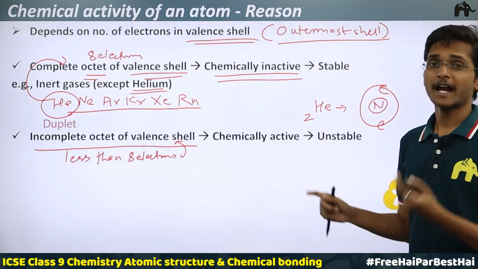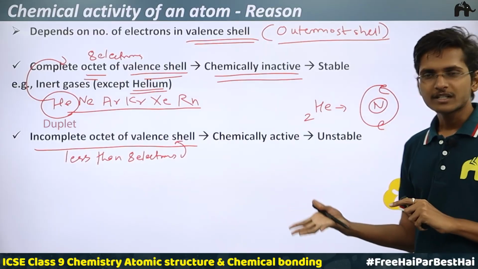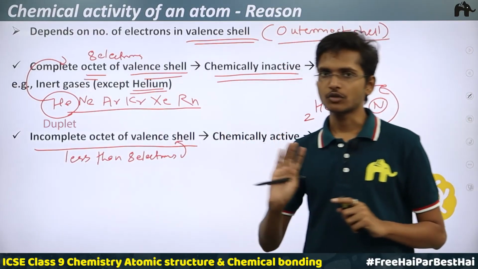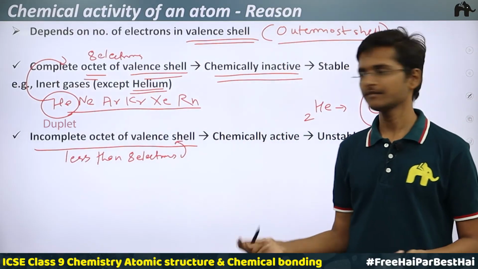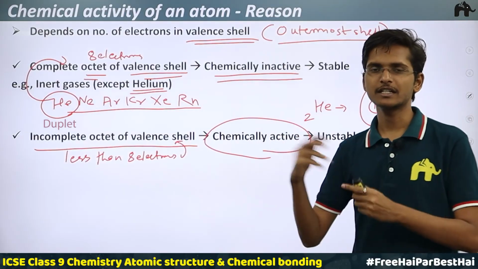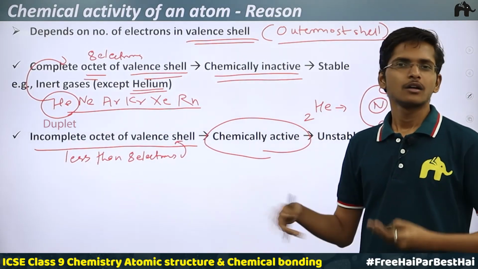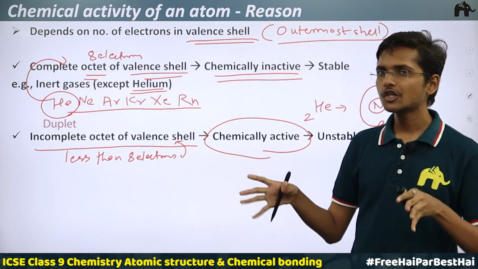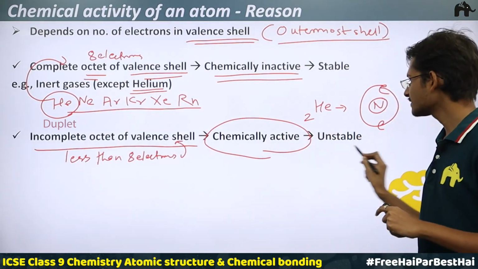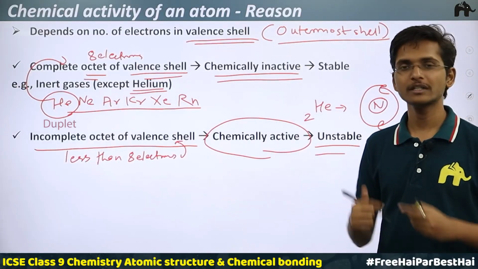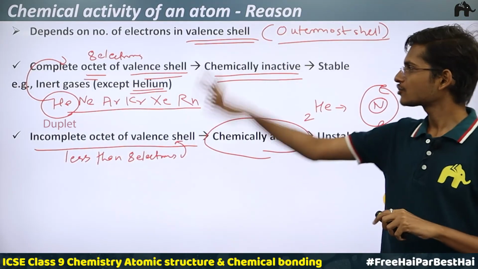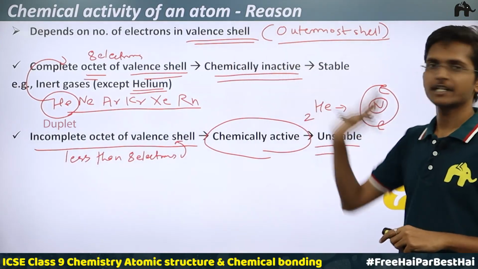Fine. So if the atoms of particular elements have less than 8 electrons in their outermost shell, this means that they are chemically active. Since they are chemically active, they react, they interact with other atoms, so this means that they are not stable. So I can say that they are unstable, they are reactive. Fine. So understood the concept of chemical activity of atom.